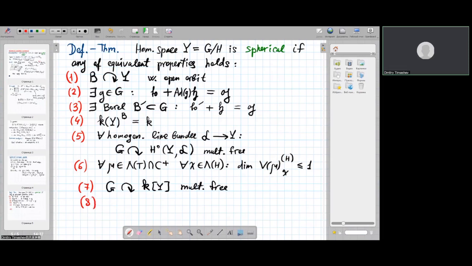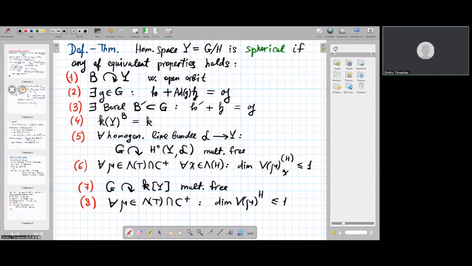It says that for any dominant weight mu, the dimension of the space of H invariant vectors, fixed by H, in the irreducible representation of highest weight mu is at most one.